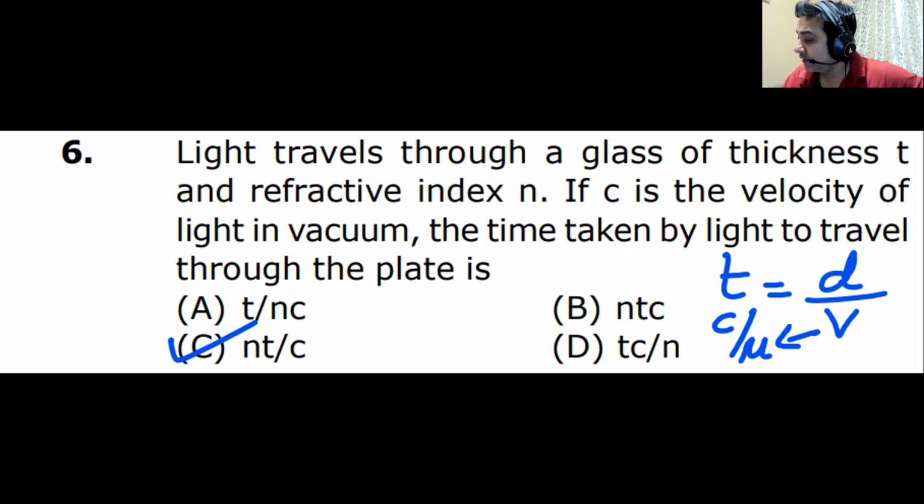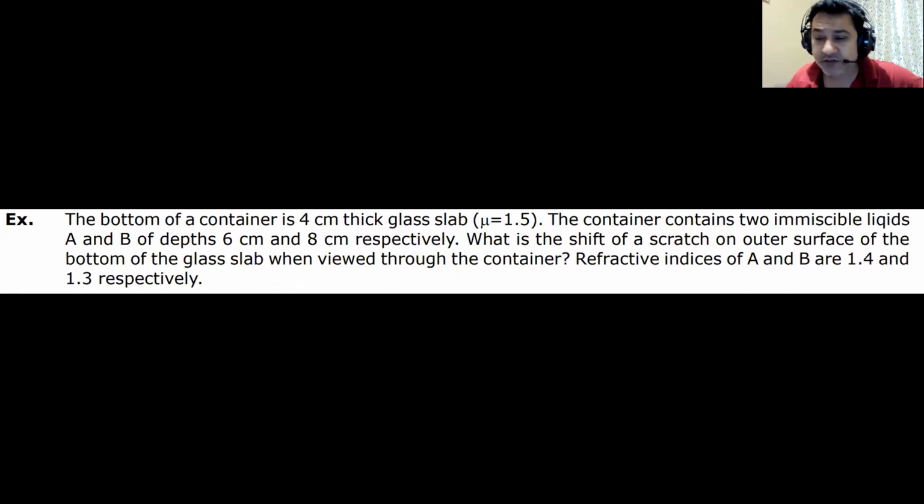Okay. Then we move on to the next question, and the next question pertains to what we did at the last part of the last class, and I will be very happy if you can give me the answer to this one. The question comes on your screen right away. The bottom of a container is a 4 centimeter thick glass slab.